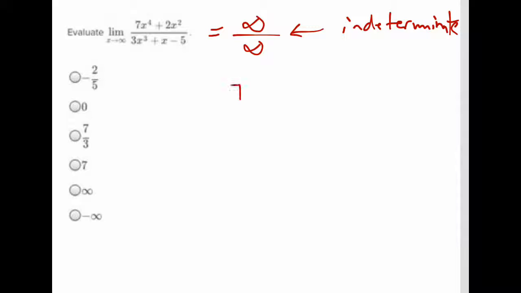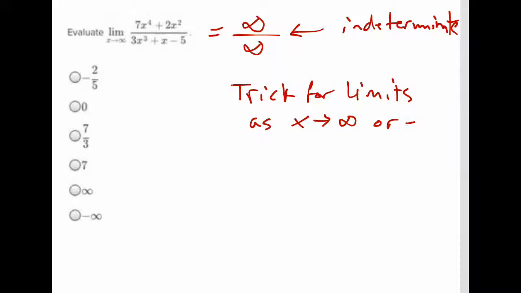The trick, as x approaches infinity or negative infinity: force factor the highest power in the denominator, and force factor the same power in the numerator. So that's what we're going to do.